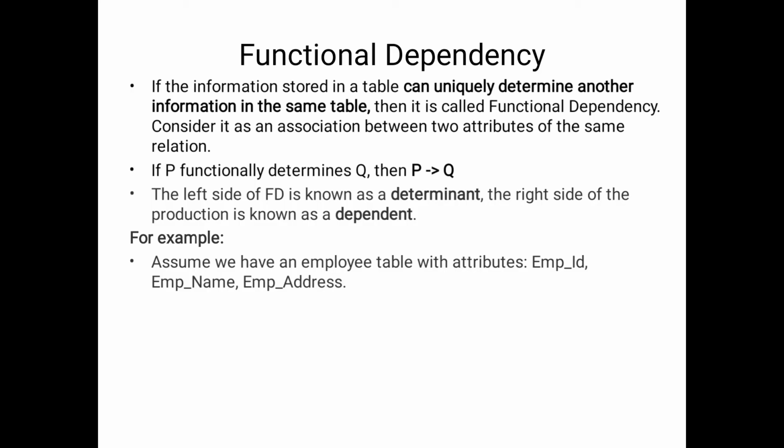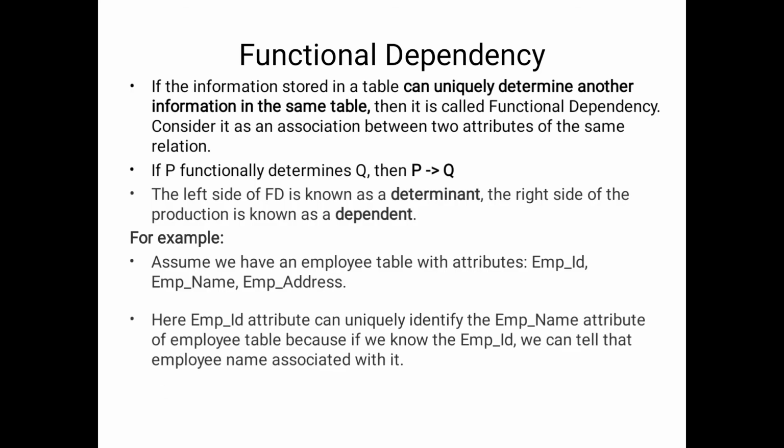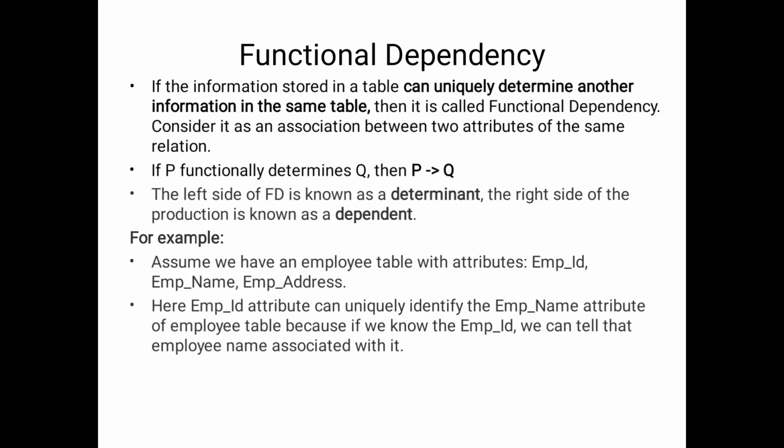Suppose we consider one small example, the employee table. Here the attributes are employee ID, employee name, employee address. That means three fields are available. In this, the employee ID attribute can uniquely identify the employee name. Suppose we ask what is the employee name of 10. In that situation, the employee ID attribute can uniquely identify the employee name attribute of the employee table, because if we know the employee ID, we can tell the employee name.